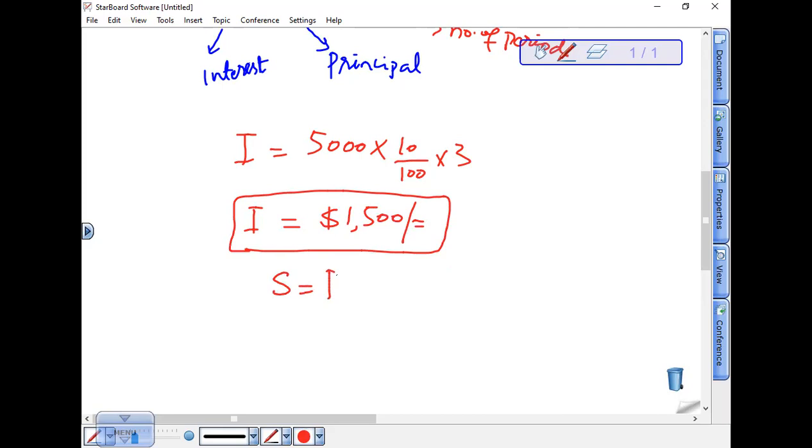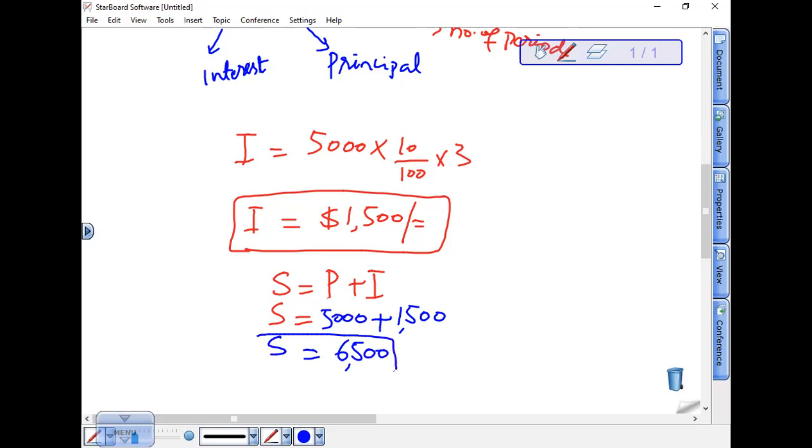S is equal to principal plus earned interest, so P plus I. That will be our sum or total amount. We invested 5,000 in the beginning, 5,000 was invested and 1,500 was earned, and now 6,500 is the total amount that the investor will get after 3 years if the calculation is made under simple interest.